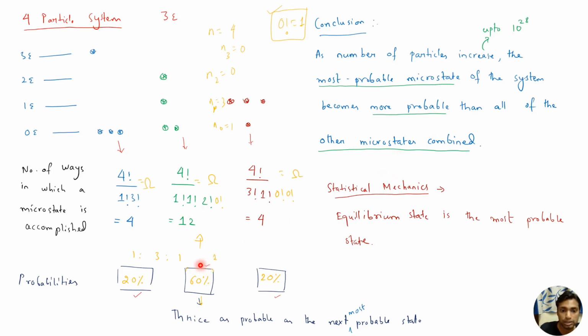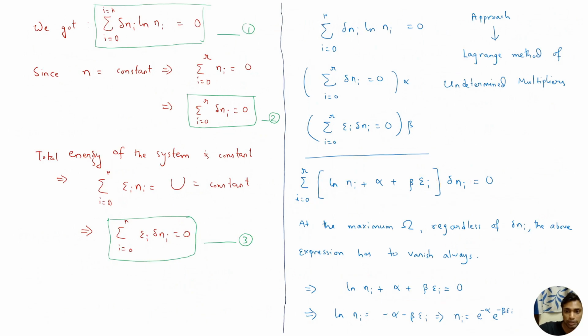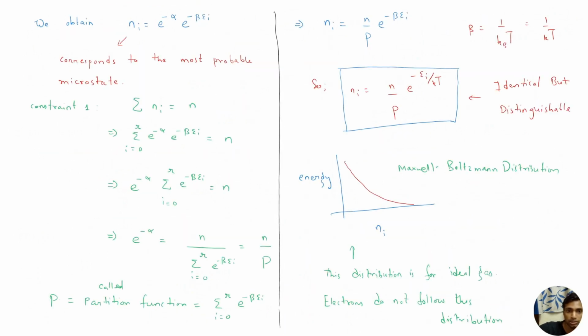So that one microstate which has the highest probability is the one which becomes the most probable, and the probability of that is more than the sum of all others combined. In fact, it is so much more than all others that they do not exist. I hope that point is clear, because that visualization is the crux of statistical mechanics.